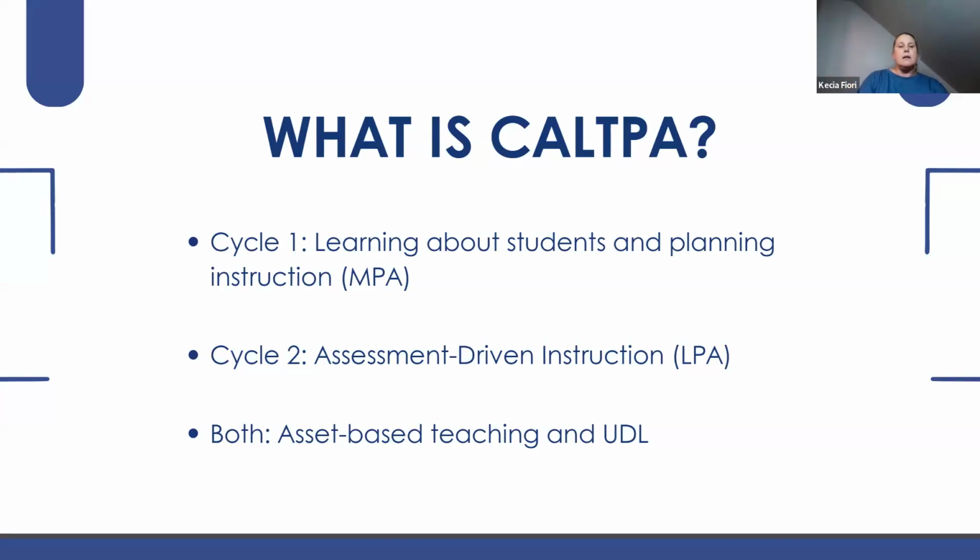Then cycle 2 is the application of what we do in cycle 1 by now adding assessment-driven instruction. This is the language performance assessment for multiple subject, where you are meeting those requirements for the reading portion, which used to be called RICA.